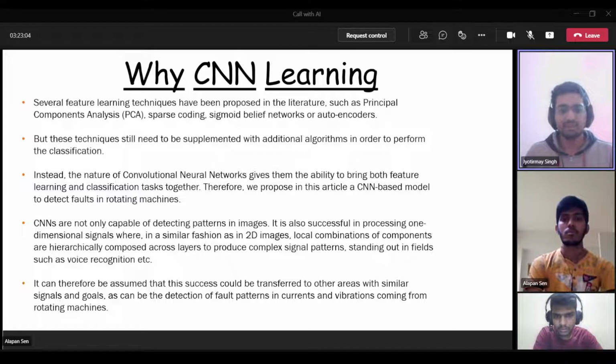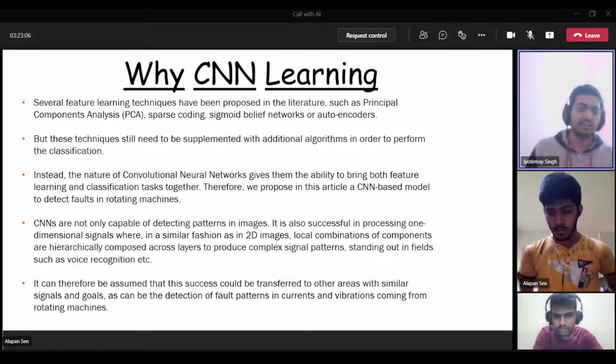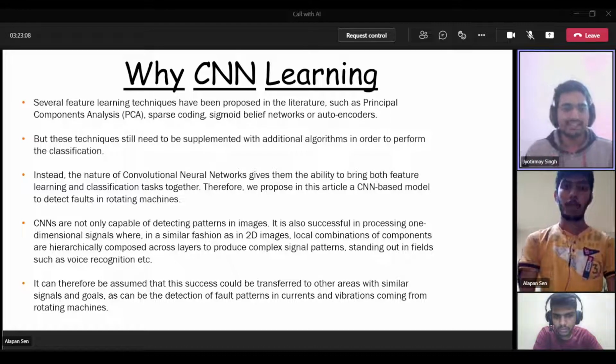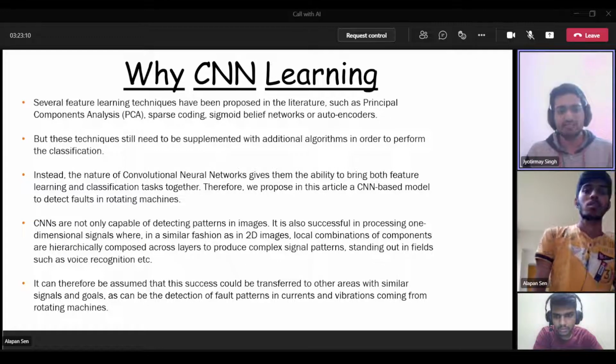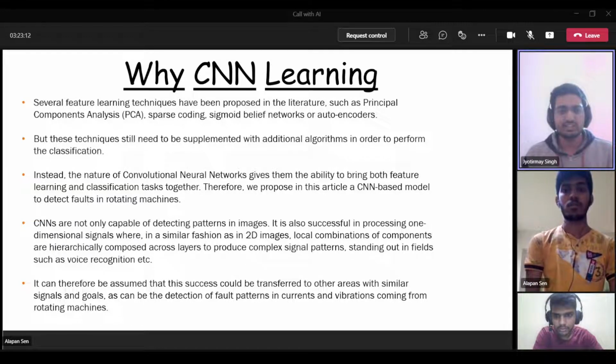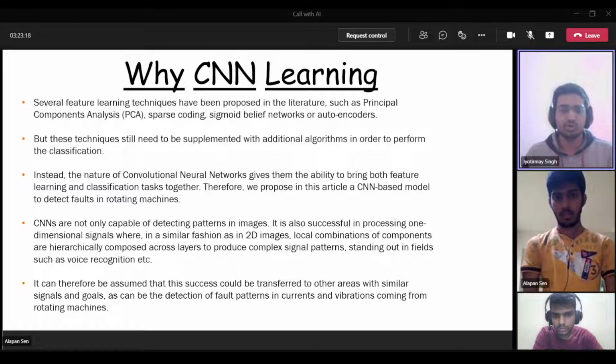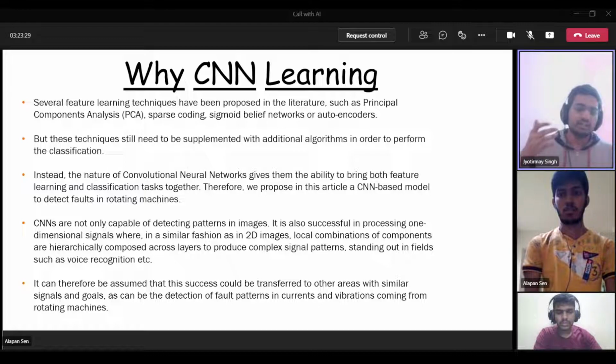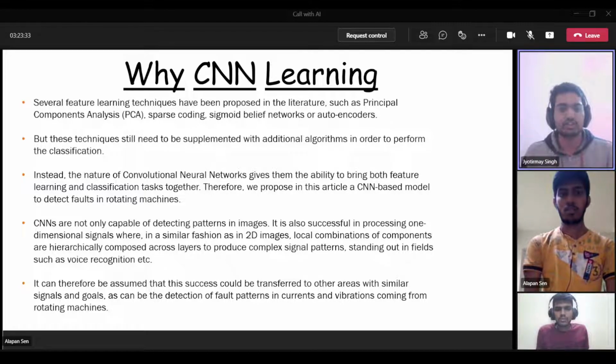So why are we using CNN learning in our module? Several feature learning techniques have been proposed in the literature, such as principal component analysis, sparse coding, sigmoid belief networks, or autoencoders. But these techniques still need to be supplemented with additional algorithms to perform the classification.